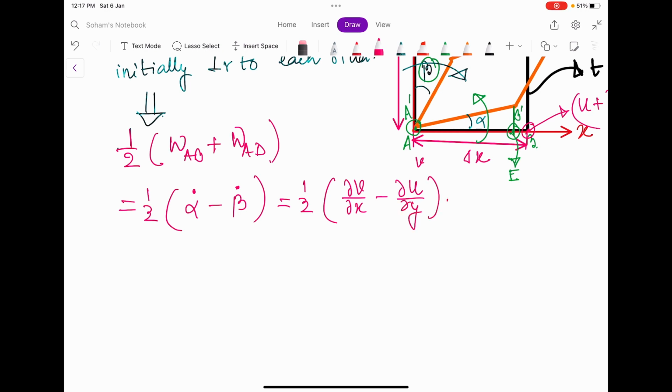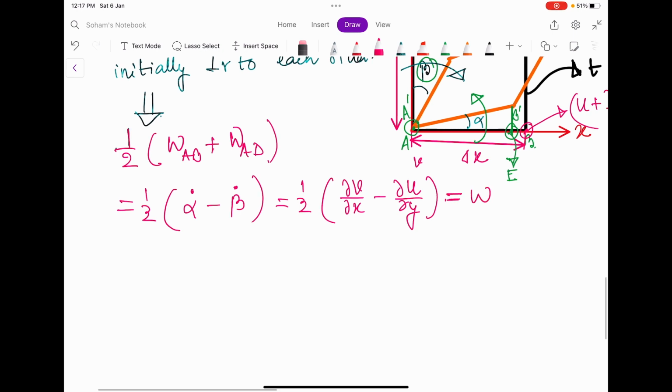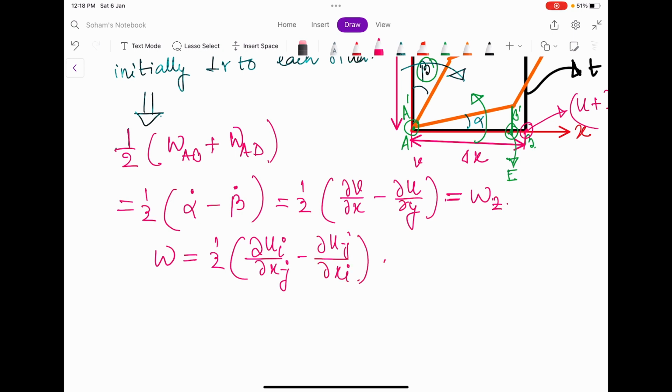This is omega z, that is the angular velocity about the z axis. Similarly, if I have to write this in index notation, then omega is equal to half into (del u_i by del x_j minus del u_j by del x_i).